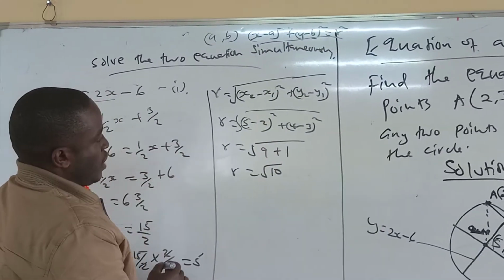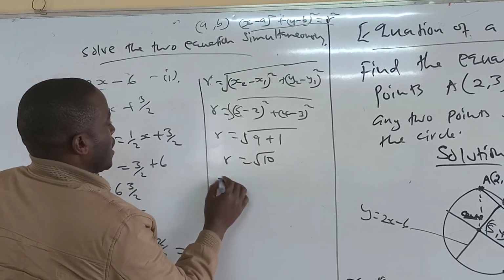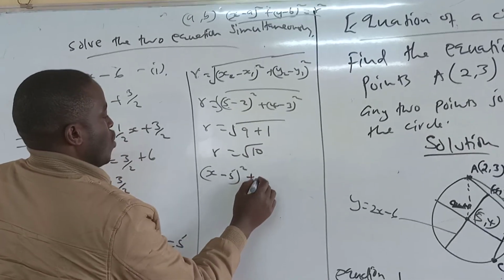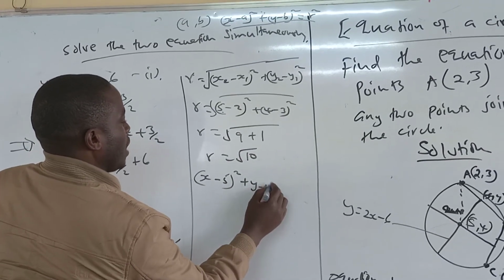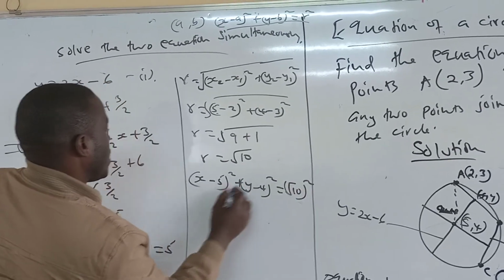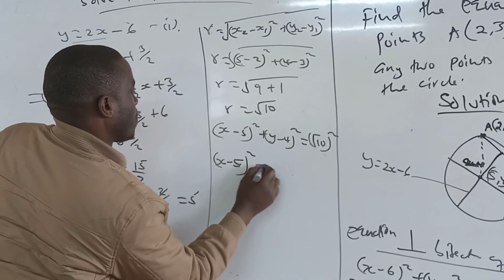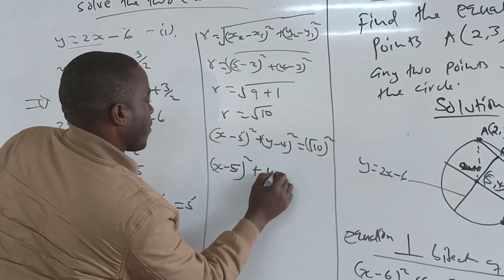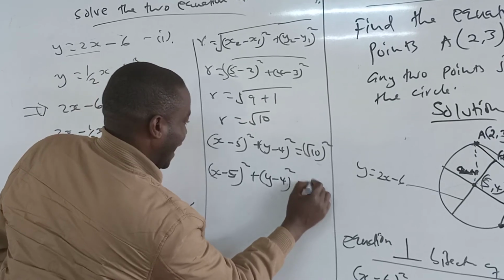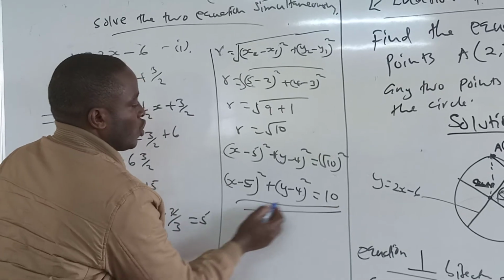Therefore, the equation of this circle will be x minus 5 squared plus y minus 4 squared equals root of 10 squared, which gives you 10. This is the equation, because I was not told the form.